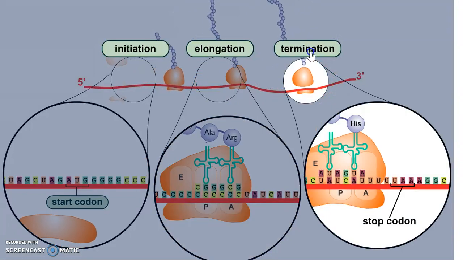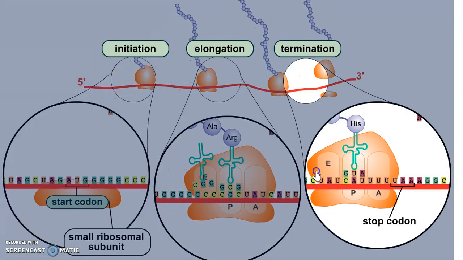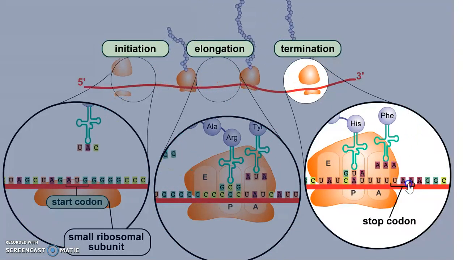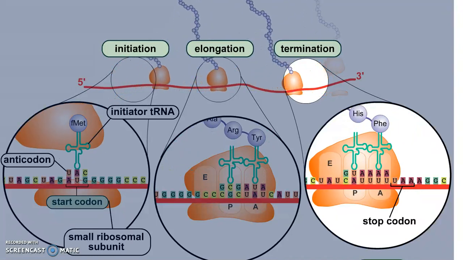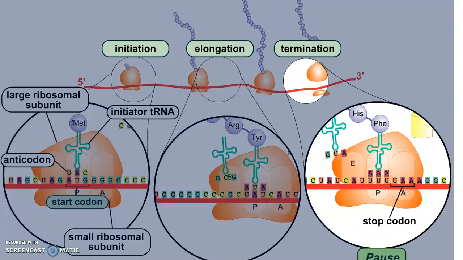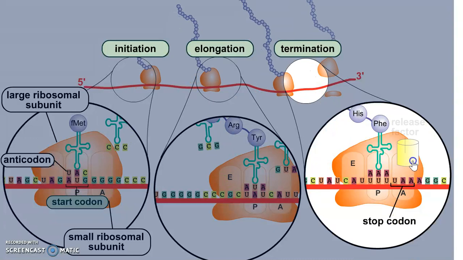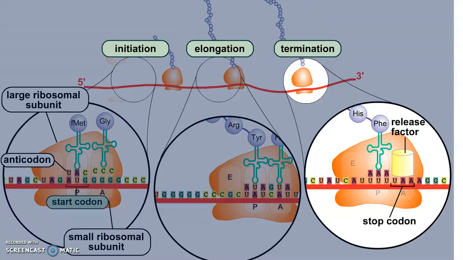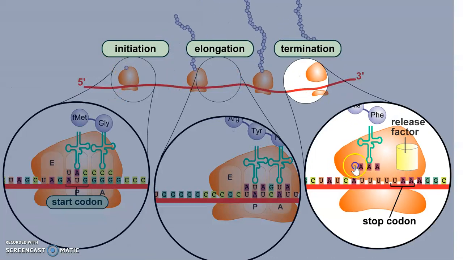And then we come to the last phase, the termination phase. Your ribosome is chugging along, and it runs into your stop codon right there. And the interesting thing about this is there are no tRNAs that match up with your stop codon. So instead, what's known as a release factor can enter in the A site, and this is going to cause that ribosome to basically pick up your protein, and it tries to move it over, but there's no amino acid in that A site.